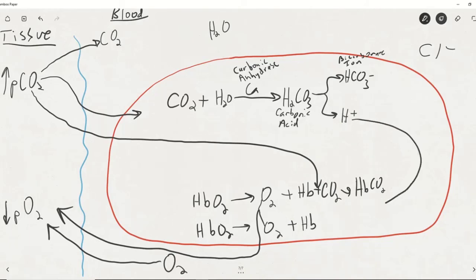H+ is going to attach to hemoglobin, and the result is deoxyhemoglobin, HHb. It binds that H+, and we get HHb, deoxyhemoglobin.